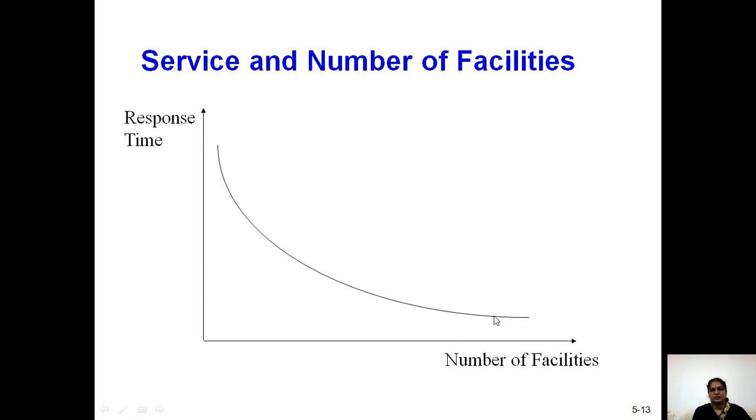Whereas if we consider a point over here, corresponding to this, the number of facilities is more but response time is less. As I already mentioned, response time is the time elapsed since the receiving of an order till the products are delivered. For example, for a manufacturer, it is the time elapsed from the receiving of the order for producing a particular product till that product is delivered to the customer.